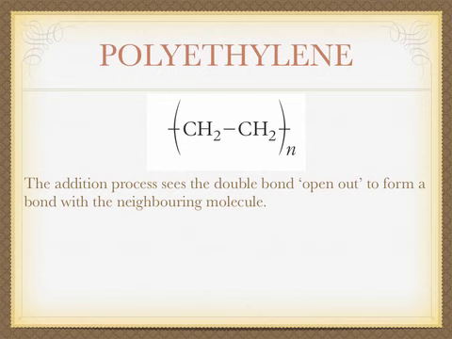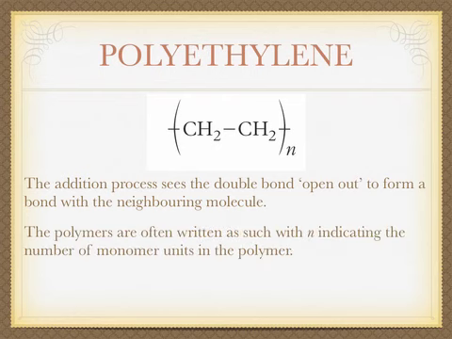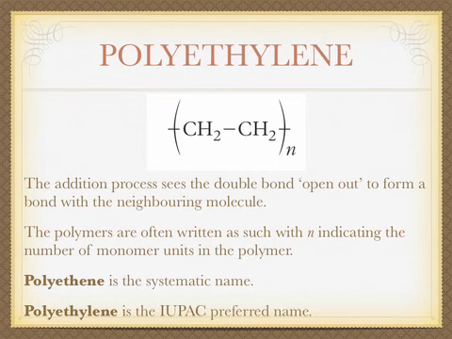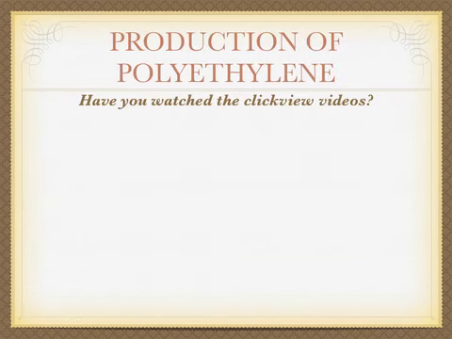This double bond that used to exist in ethene has opened up and joined onto neighbouring molecules. The polymers are often written like this with the n, so that we're seeing a snapshot of a small section of the molecule that's repeated thousands of times. Polyethene, therefore, is the systematic name. Polyethylene is the IUPAC name.